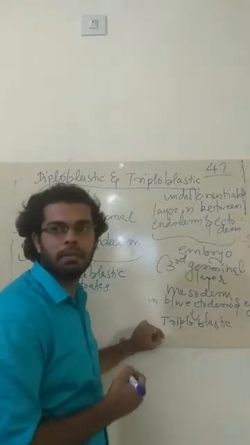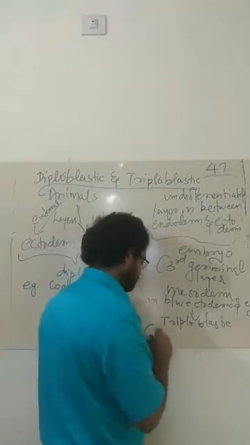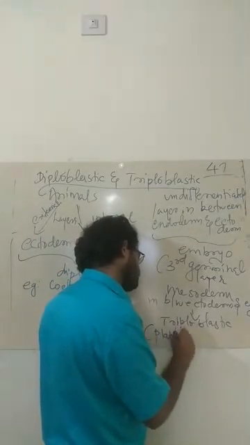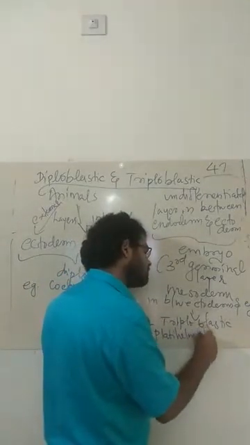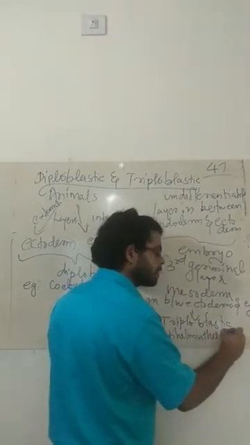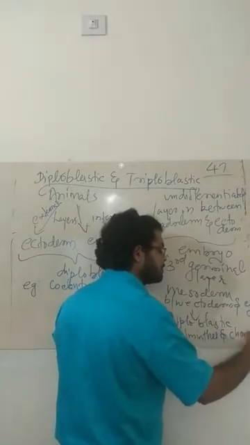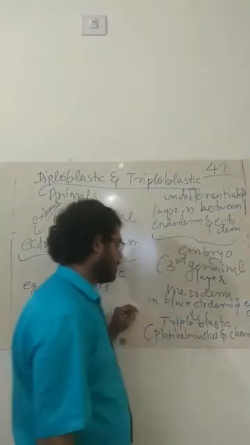Triploblastic animals. So the examples are Platyhelminthes and chordates. Okay, Platyhelminthes and chordates.